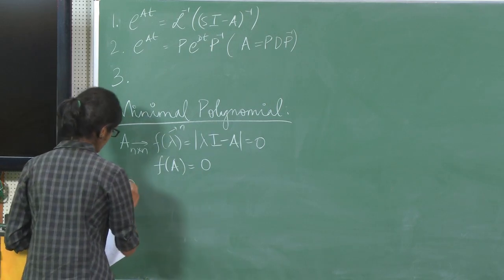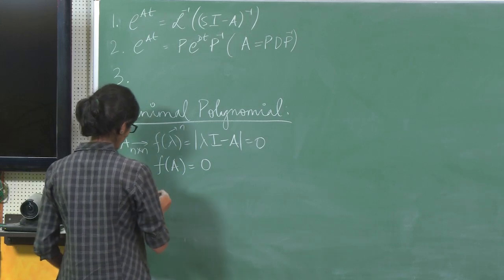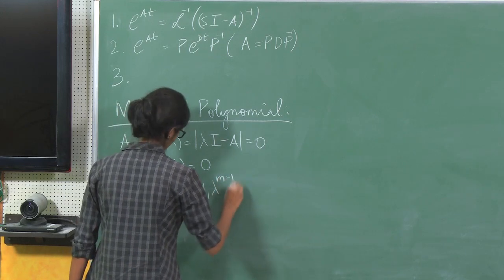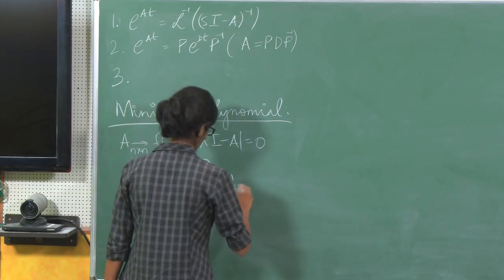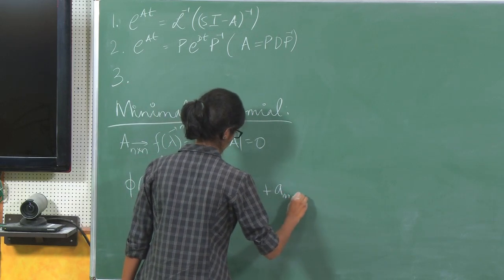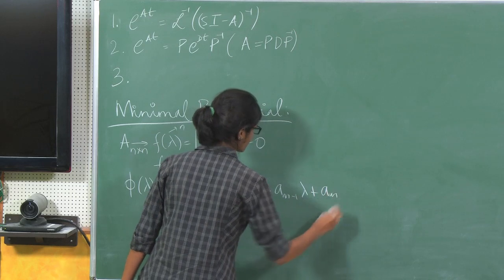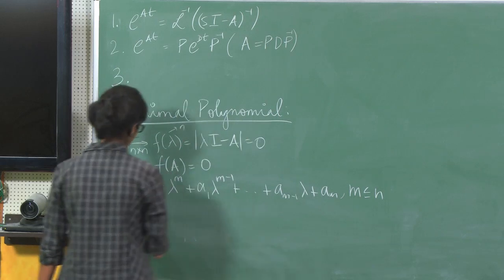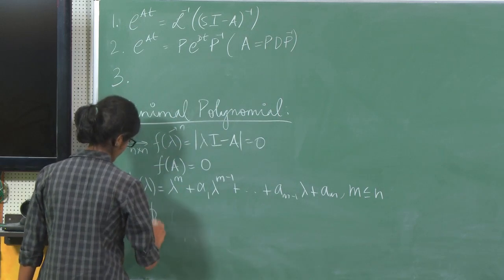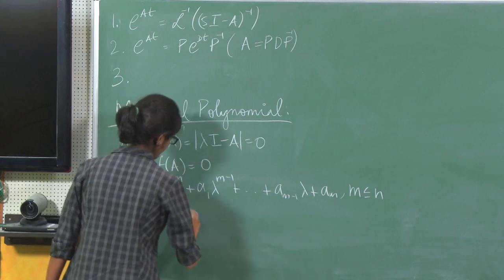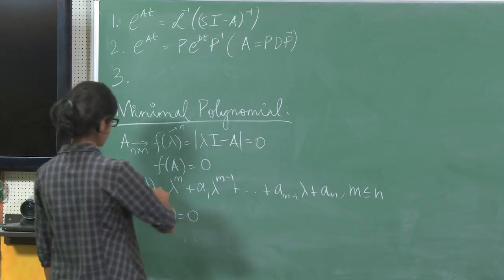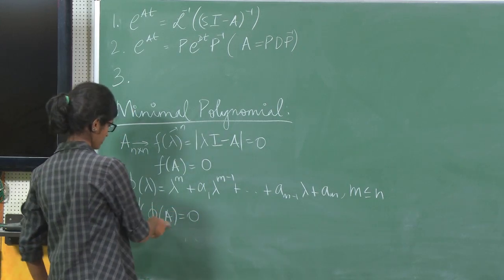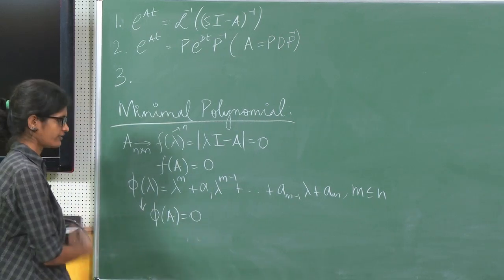So let's say there is another polynomial phi of lambda, which is say lambda to the power m plus a1 lambda to the power m minus 1, and so on. So this m is less than or equal to n, and this polynomial is such that phi of A equals 0. It's called a minimal polynomial for the smallest m for which the matrix satisfies this equation, phi of A is 0.